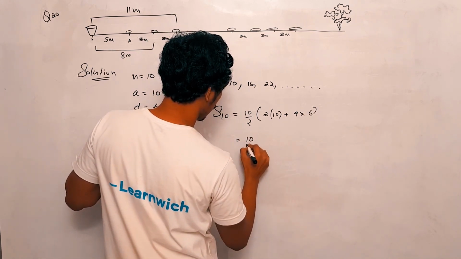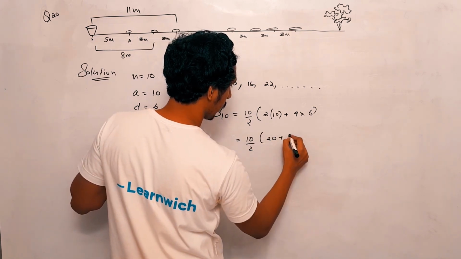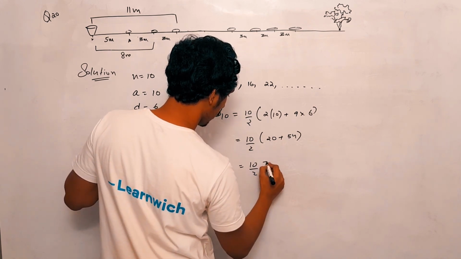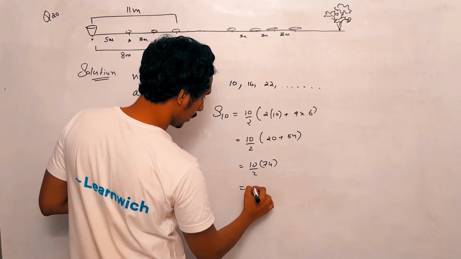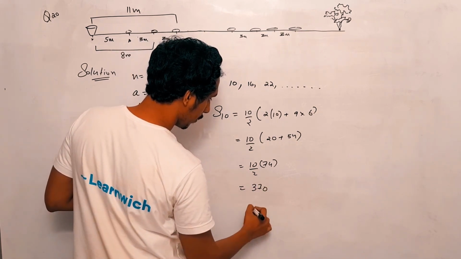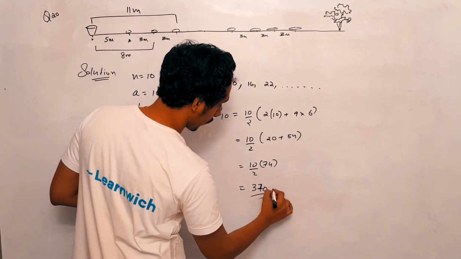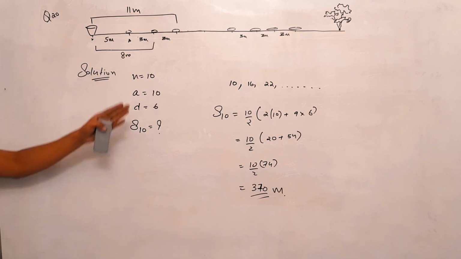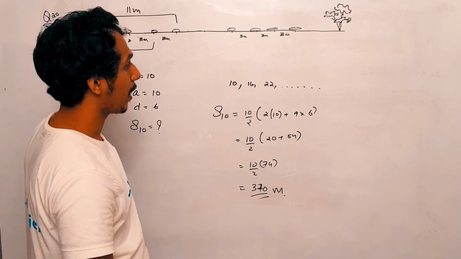So that will be 10 by 2 into 20 plus 9 sixes are 54. So that is 10 by 2 into 74. When you cancel, you get 37 into 10, the total is 370 meters. She has to run a total of 370 meters in order to get all the potatoes back in the bucket.